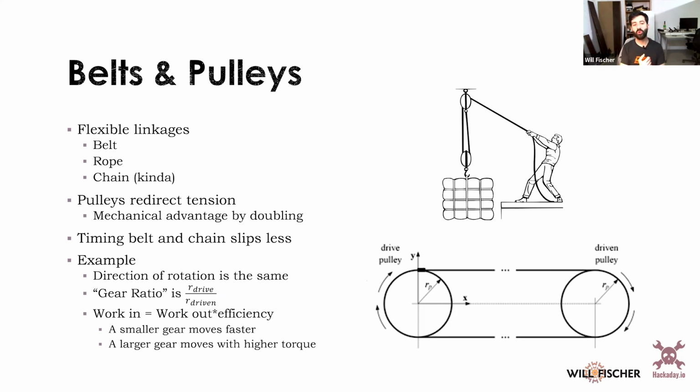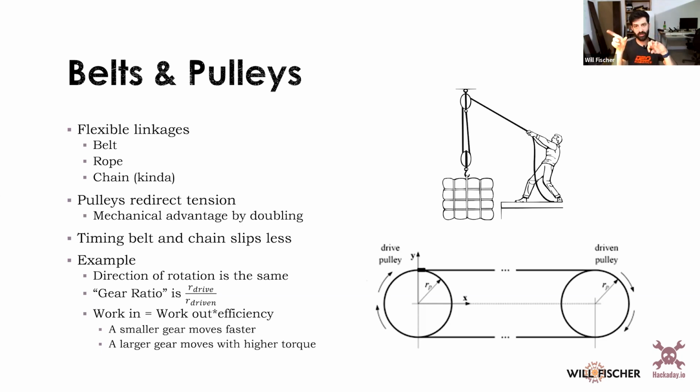So what you can always know is the direction of rotation in this particular example that I've got down here in the bottom. You know the rotation is going to be in the same direction, so they're always going to rotate in that same direction. And the effective gear ratio, which I'm going to talk about as we get to gears, is the drive over driven. And so you can kind of see that here. If I shrink my radius, I'm going to have a higher gear ratio.